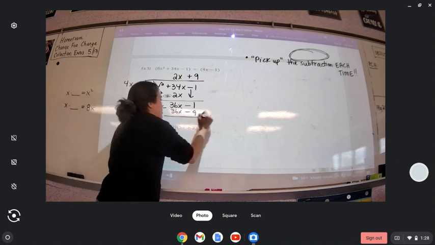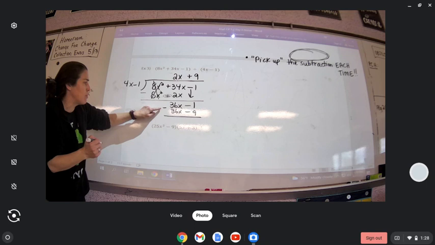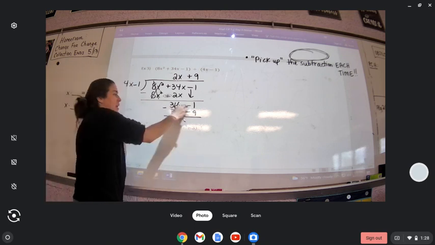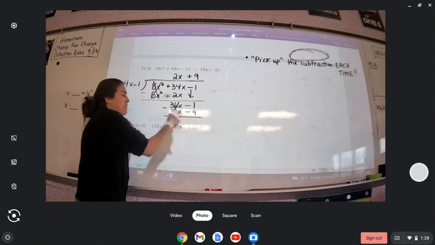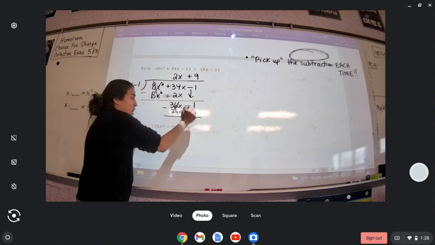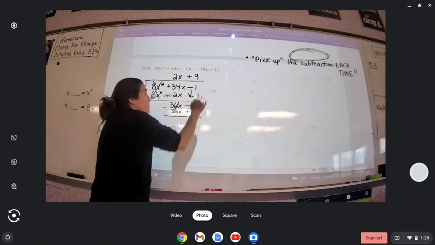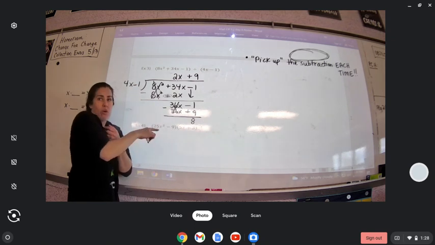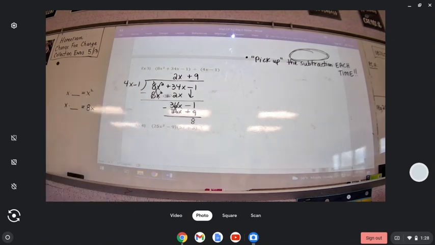All right, so now we subtract. What's 36x subtract 36x? Fronts have to cancel. Negative 1 subtract negative 9 turns to plus, and you get 8. Do you have anything left to bring down? No. So that's your remainder. And again, you have to be able to write them as part of that polynomial.